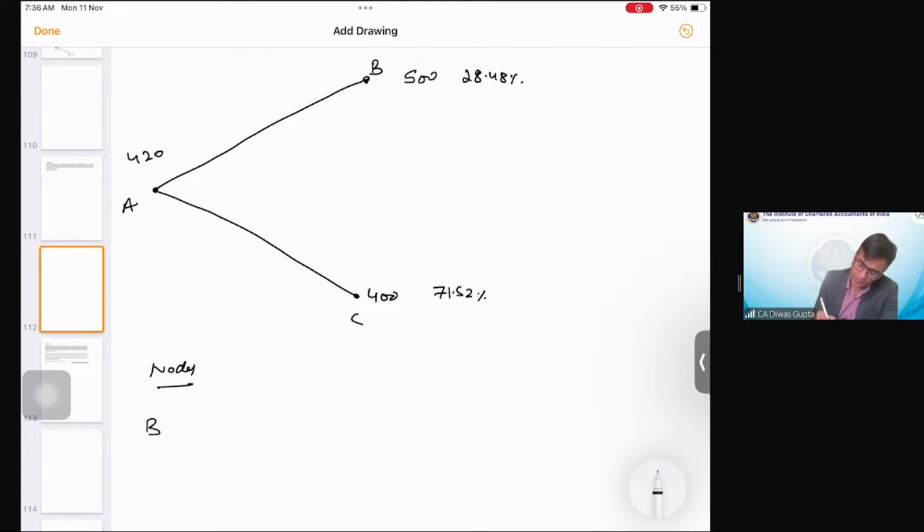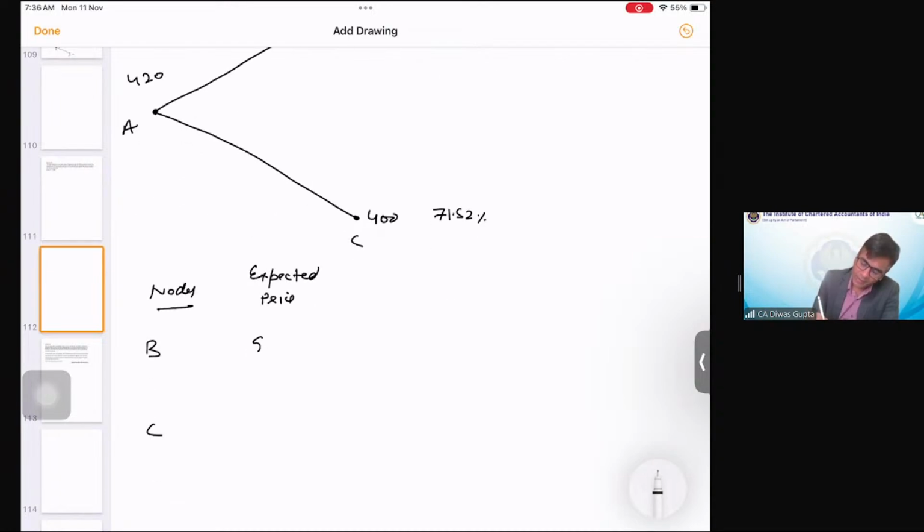First of all, let's start with B and C. The expected price is actually 500 and 400. The strike price is actually 450 and 450 in both the cases.